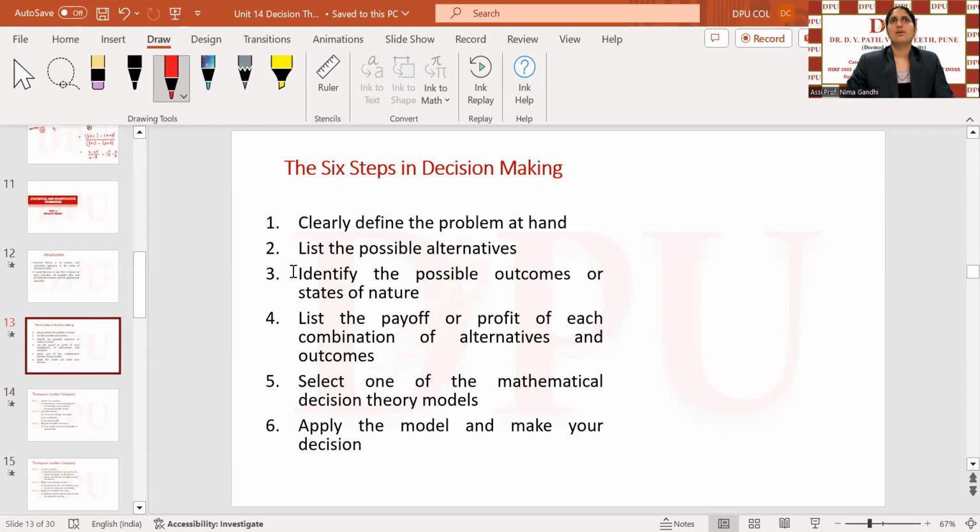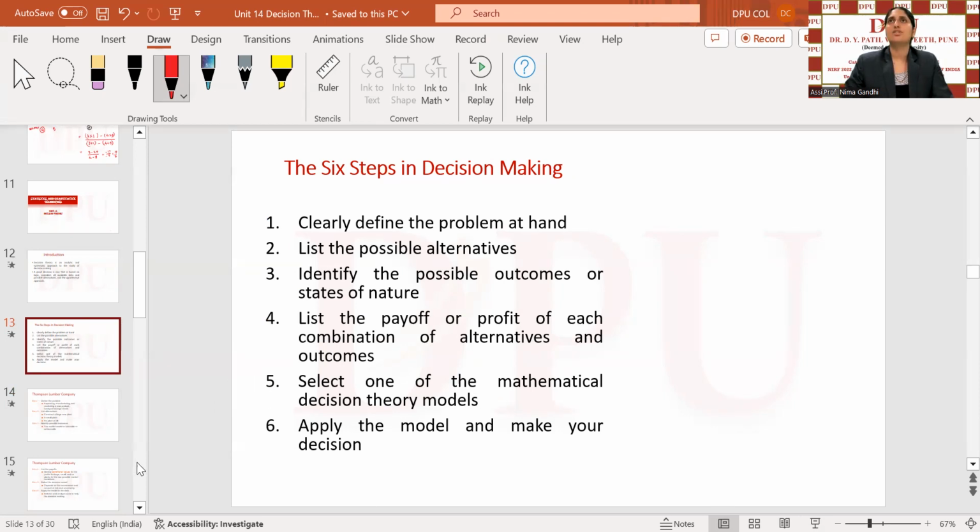So this is how you are identifying the possible outcomes or the states of nature. Then you are finding the actual payoff or the profit for each combination of alternatives. So you're actually finding out the payoff matrix, the numerical matrix for each of the alternatives. Then you're selecting one of the mathematical decision theory models and you're taking your decision.